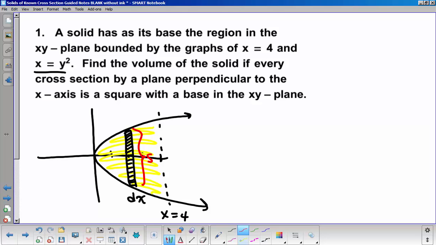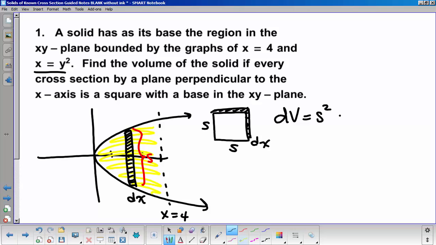Okay, now I'm going to pull out my square. Here's my square slice. That's dx, and I have s and s, so my slice of volume is going to be s squared dx. What is s functionally?